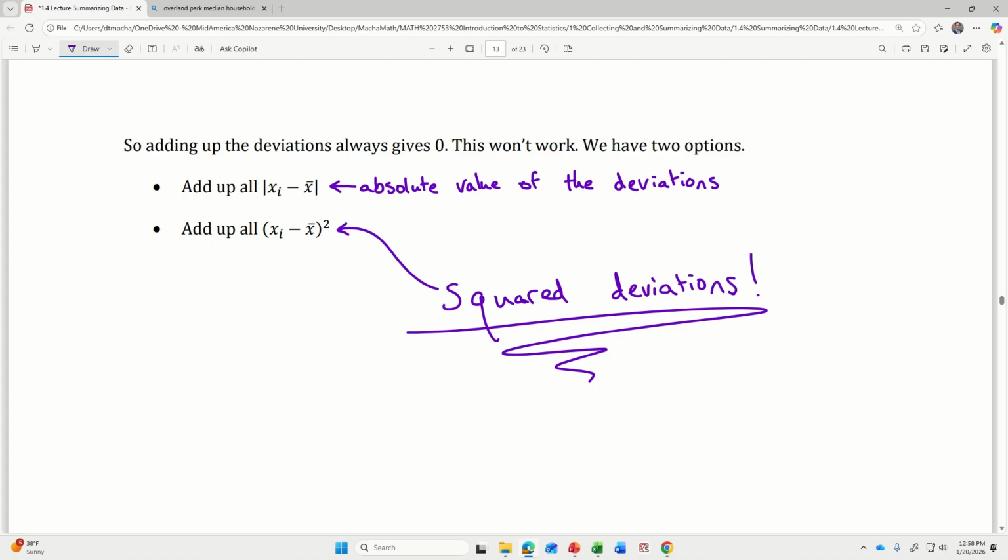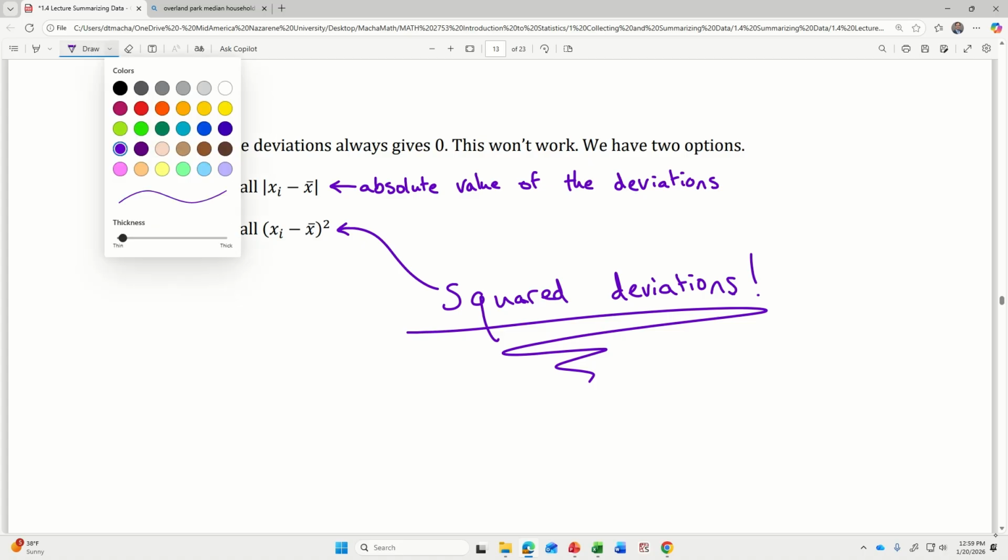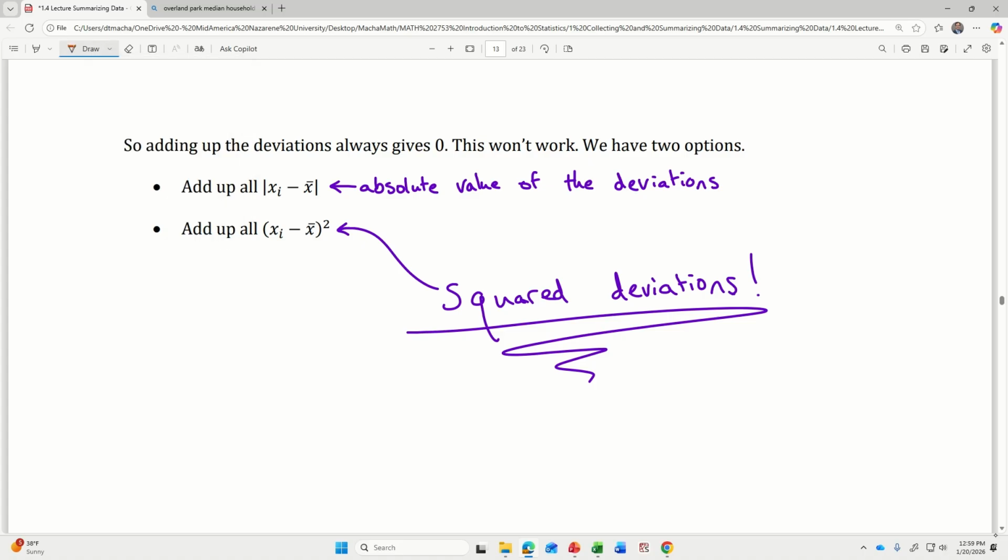But there is a really good mathematical reason why we want to use squared deviations instead of absolute value deviations. It's just not one of the things we're going to discuss. But squared deviations turn out so much nicer in the math, and there really is a good motivating reason to do this. If you're interested, sign up for my class, Probability Theory, when it's offered in the next couple of years.